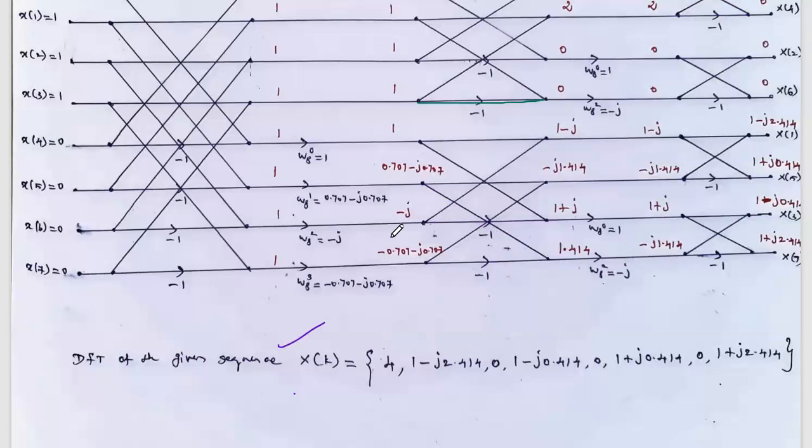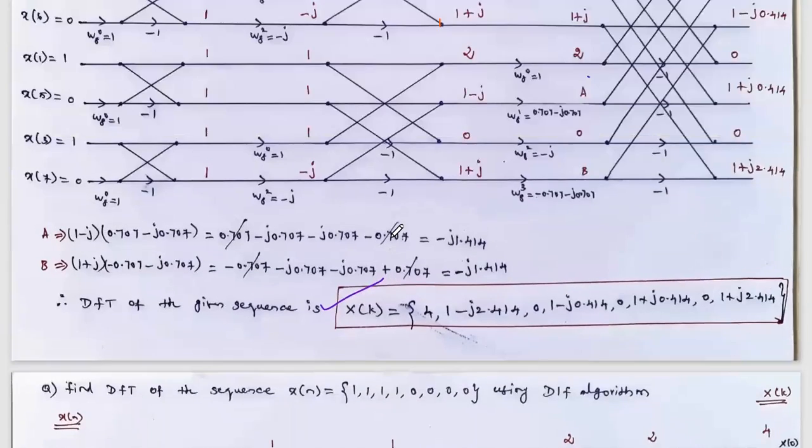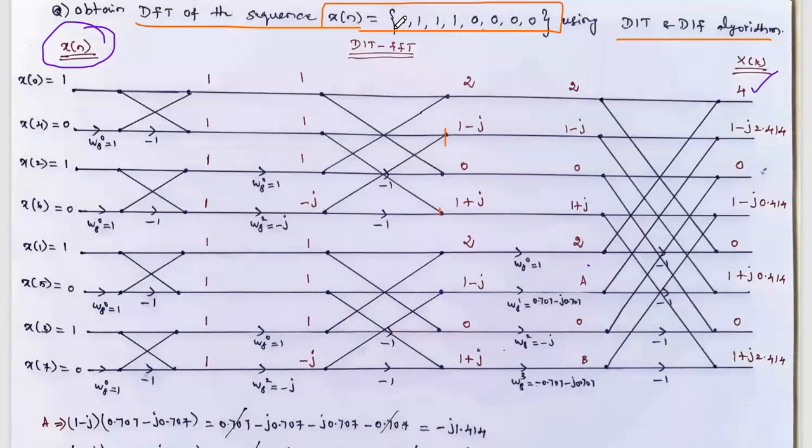So that's all. This is the problem, DFT of the sequence 4 1 4 0 using DIT and DIF algorithm. Already we solved 3 problems using the DIT and DIF algorithm for different data: 8 ones, then 1 2 3 4 4 3 2 1. It is a very important repeated university question, so you just learn.